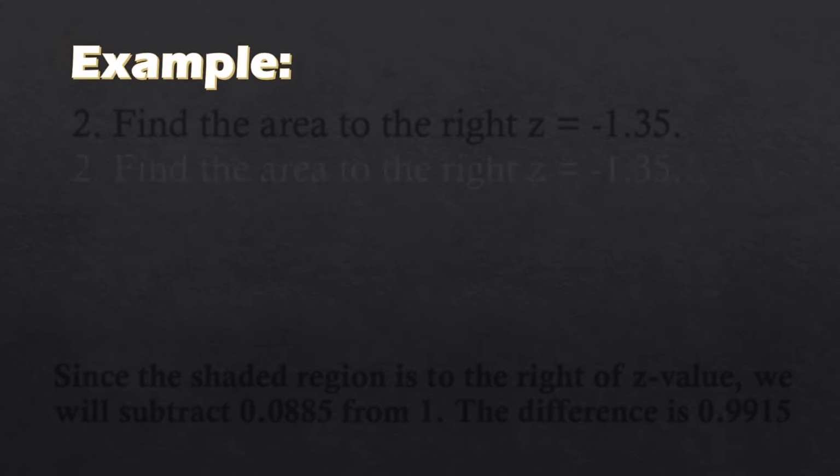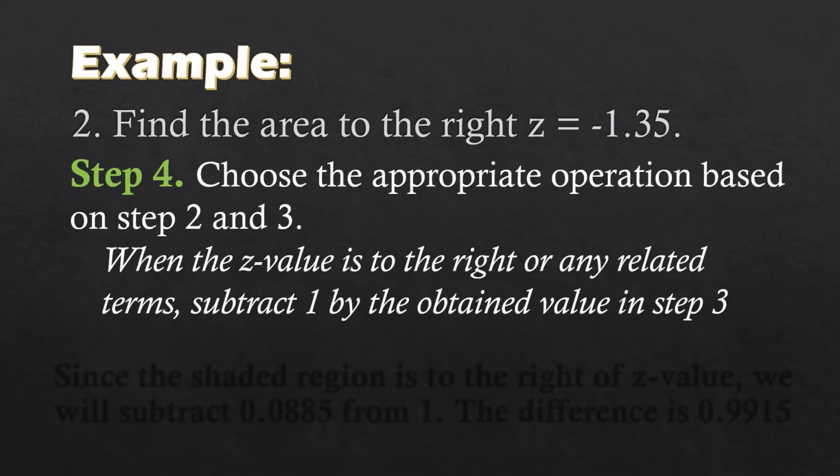Now the fourth step, wherein we need to choose the appropriate operation based on steps 2 and 3. Here we have the second condition: when the z value is to the right, or any terms like above or greater than, we need to subtract the obtained value from 1.